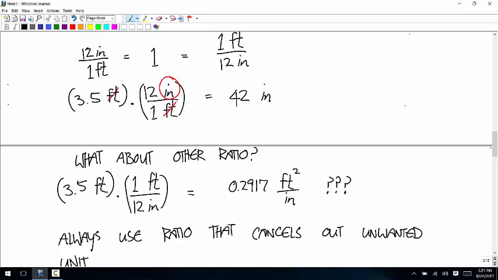Our unwanted units are feet. We're trying to get rid of feet, so all we have left is inches. So we want the ratio that puts feet in the denominator so that it cancels this one. Okay. So you always have a unit that you're trying to get rid of, and you need to choose the ratio that cancels that one out.